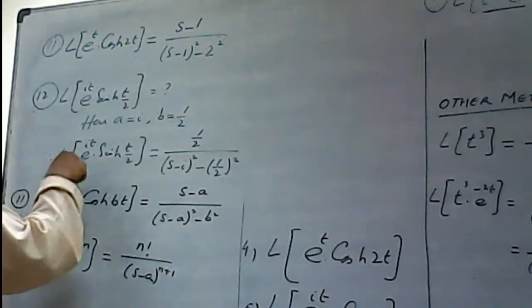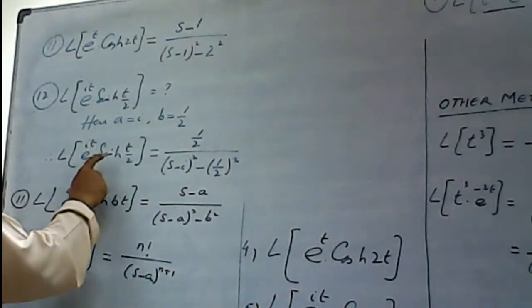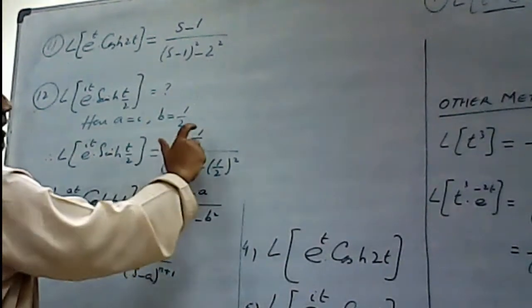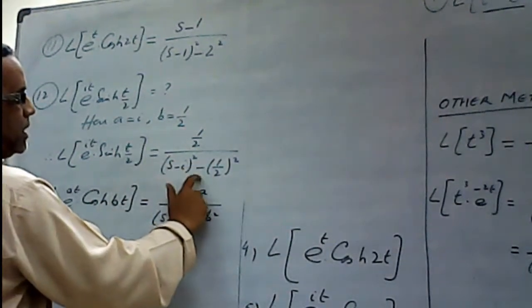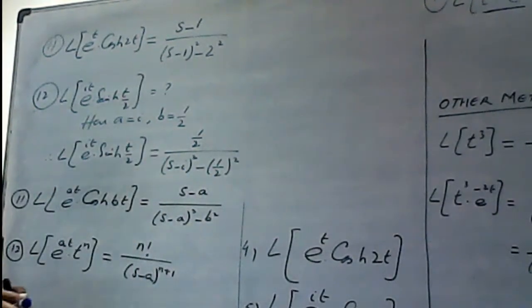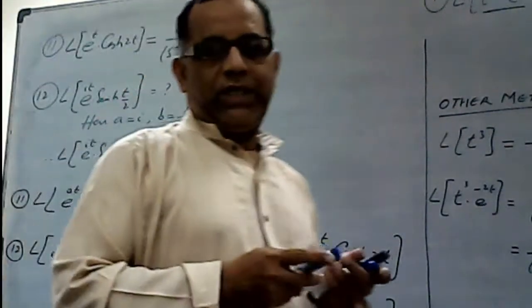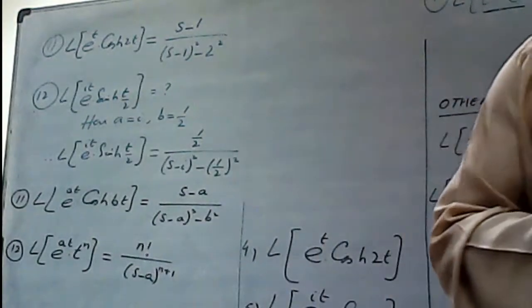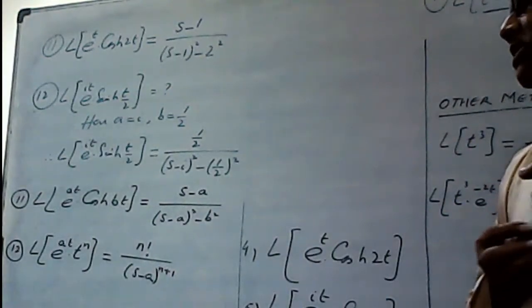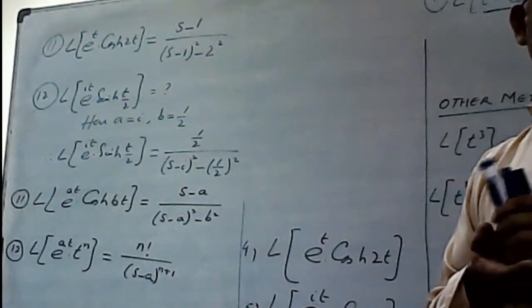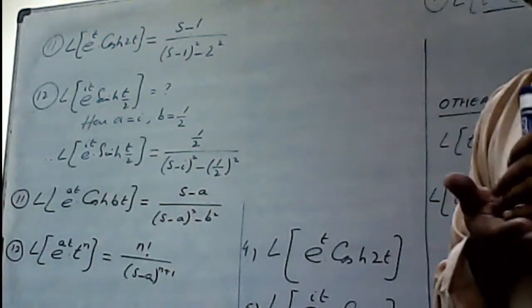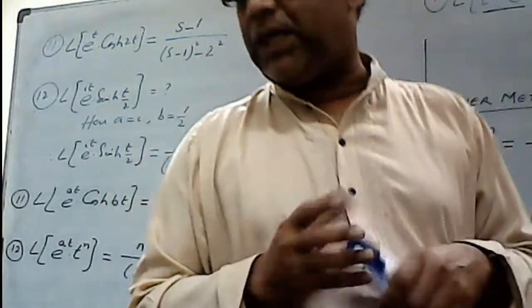The formula was Laplace of e power at into sine hyperbolic bt is b upon (s minus a) square minus b square. So this is the way to use the next 5 formulas 11, 12, 13, 14, 15, or use the shift theorem with the initial 7 formulas.